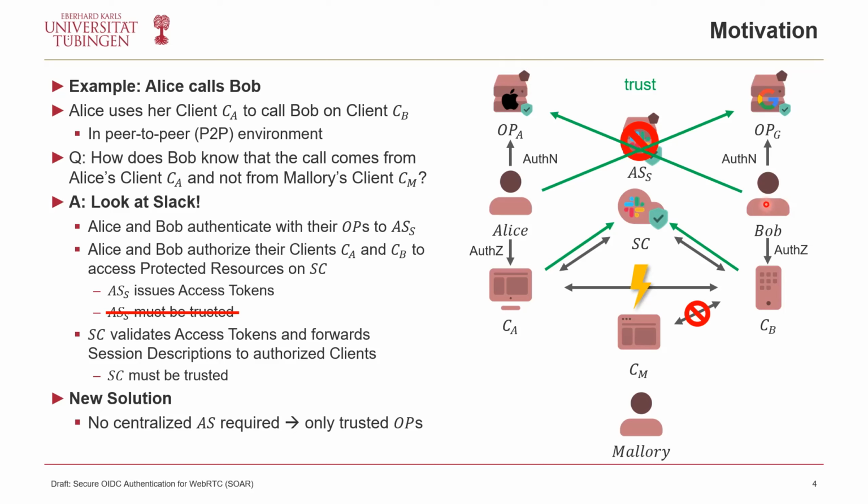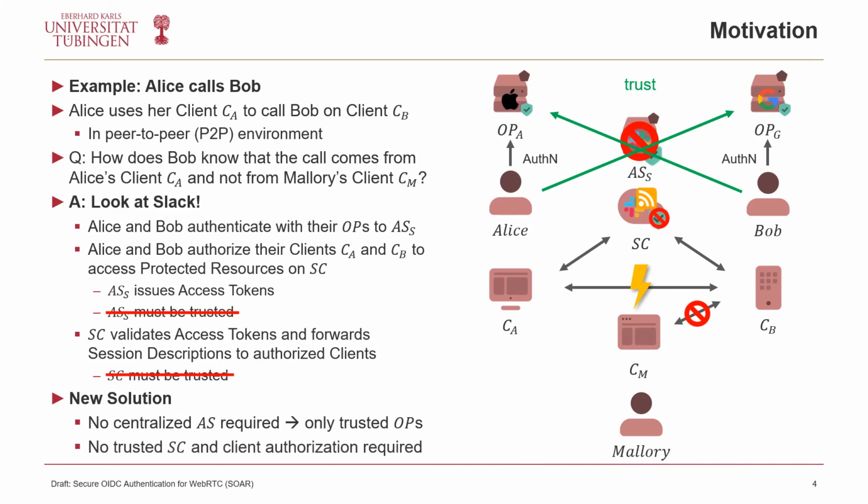So in my solution, it's possible that Bob says, okay, I don't trust this Apple identity provider, so I will not accept the identity of Alice. In addition, we also do not need any dedicated or trusted signaling channel because we can verify the identity on our own.